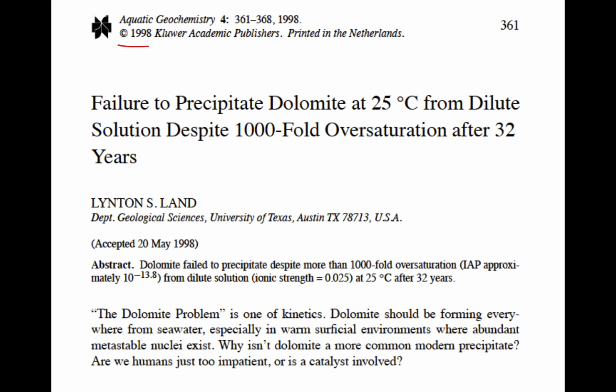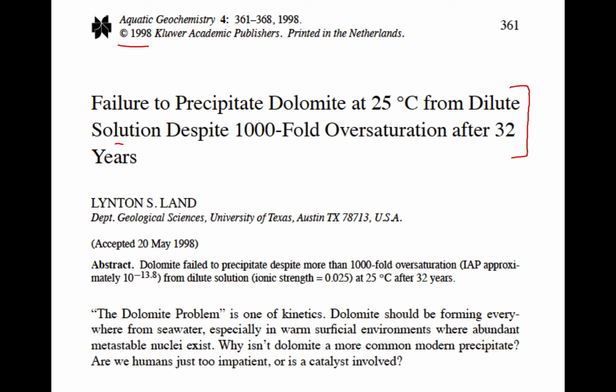So this person put basically little crystals of calcite or dolomite into a seawater solution and let it sit, constantly running fresh seawater over it for 32 years to see if he could get dolomite to precipitate.